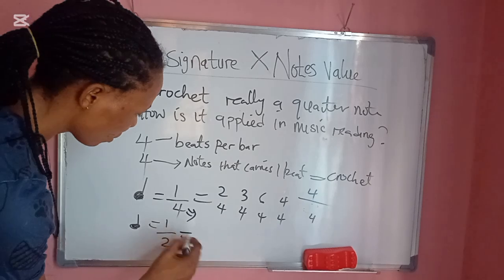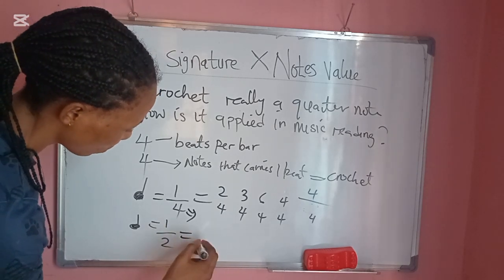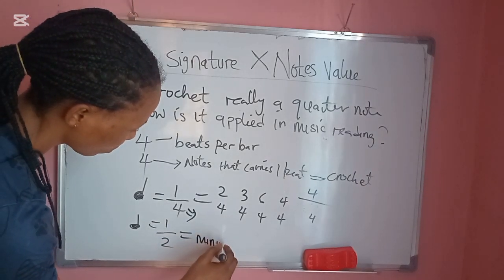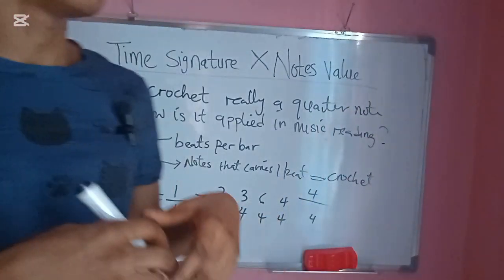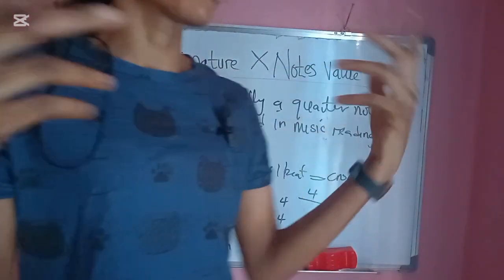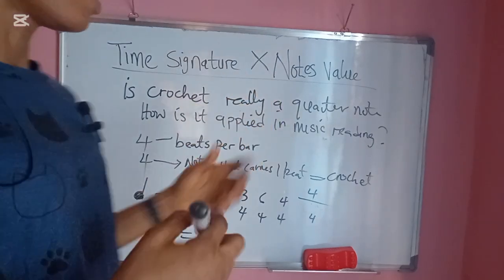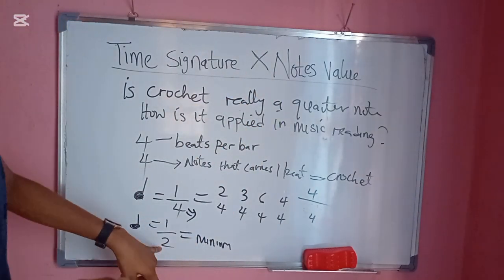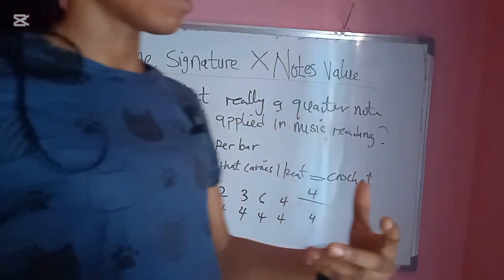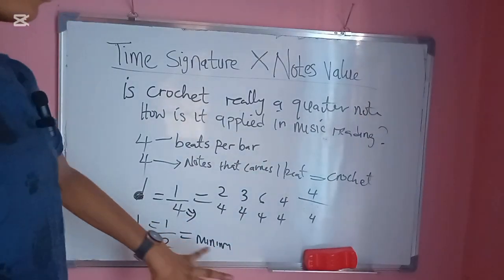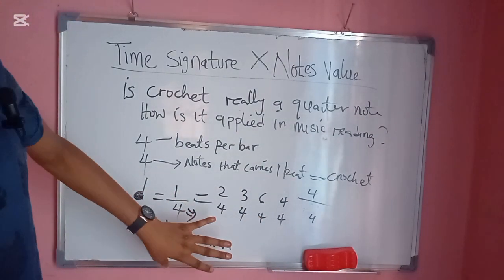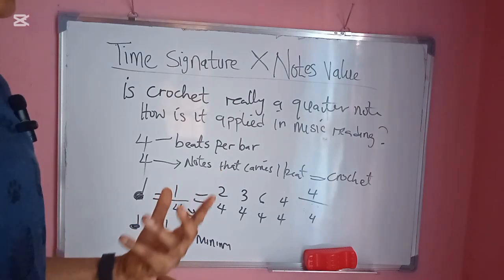And in every music that you see the lower number as 2, that stands for minim. The upper number can be 6 or whatever, but in every music that you see the lower number taking half, like 2, know that in that music minims represent 1 beat. We are not going to focus on the minim today. Our focus is on the crochet.